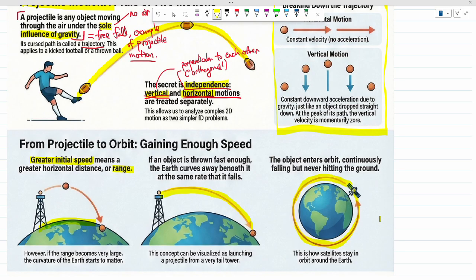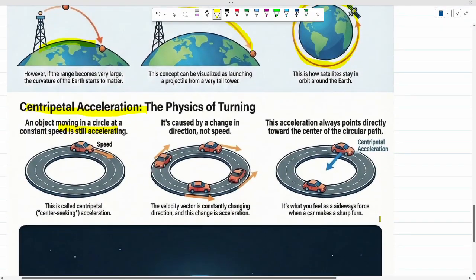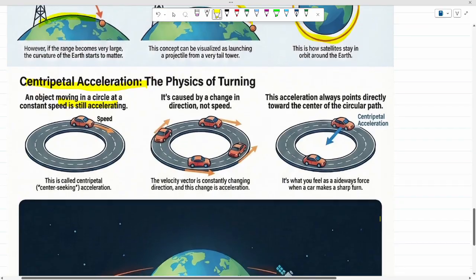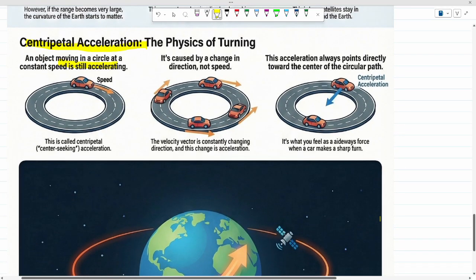And finally, this is the kind of two-dimensional motion that I used to skip. The first time I taught this class, I realized that you can't skip it. For circular motion, we're not going to handle it quantitatively, because to do so would involve a fair amount of math.